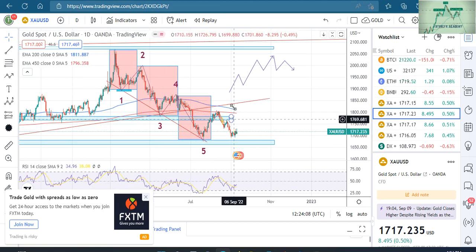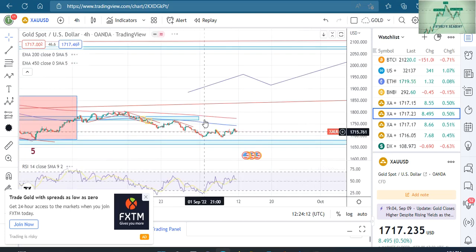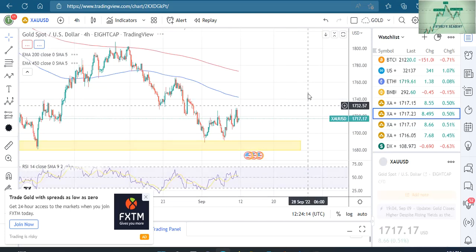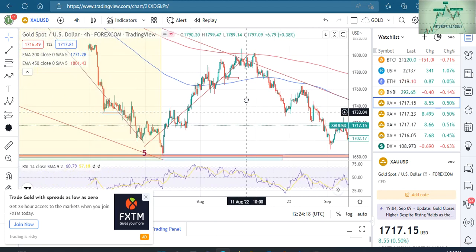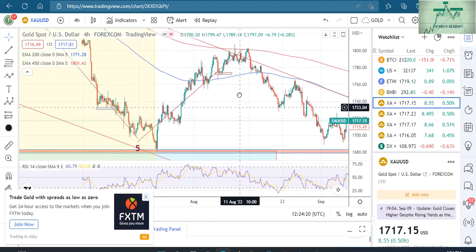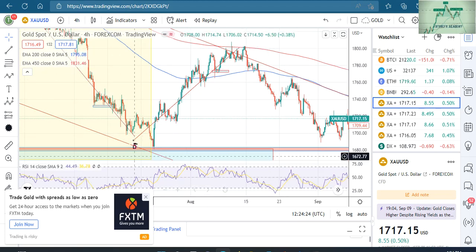After this corrective wave, let's see our 4 hours time frame. Within this corrective wave, we have a complete wave.